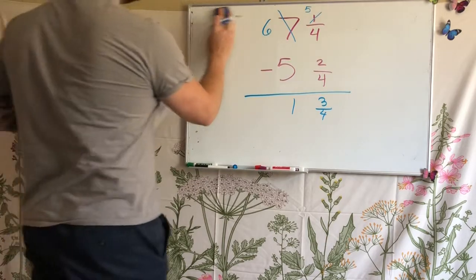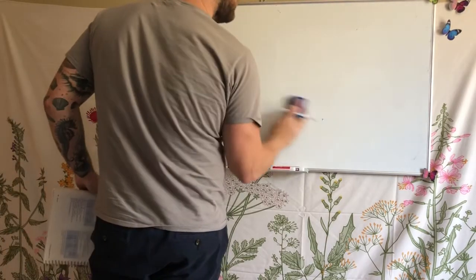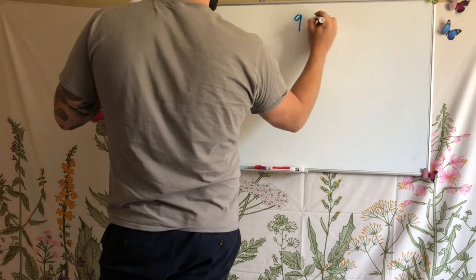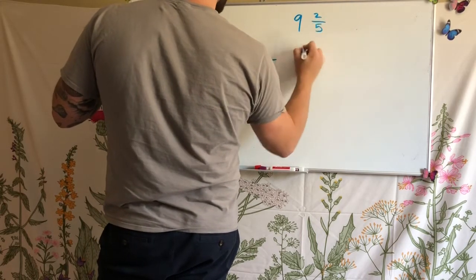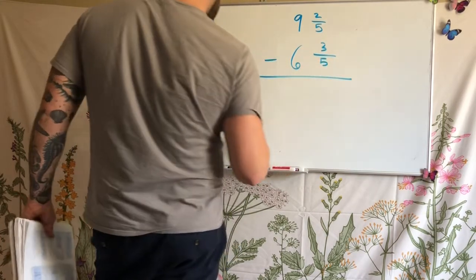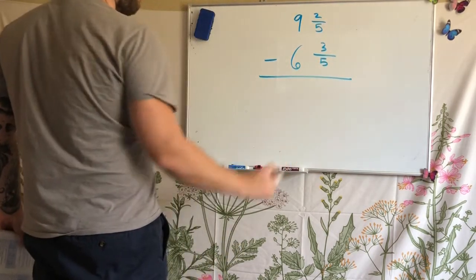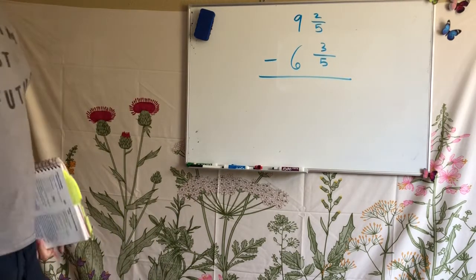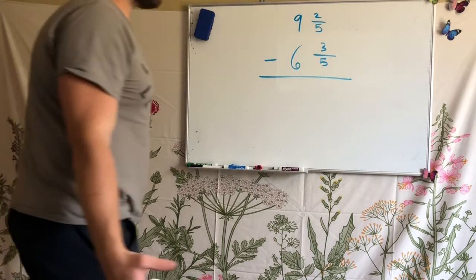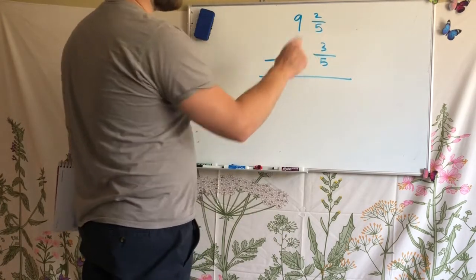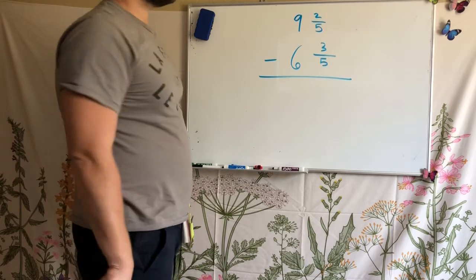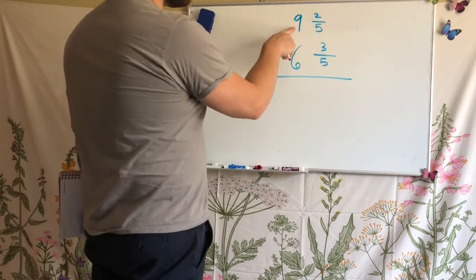Moving on, another example. We have 9 2/5 minus 6 3/5. Pause the video and read the equation. 9 2/5 minus 6 3/5. So, can I do 2/5 minus 3/5? Pause the video. No. So, I need to borrow from the 9.